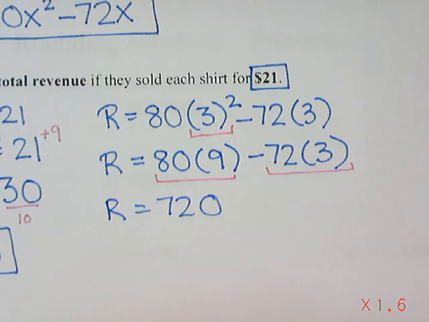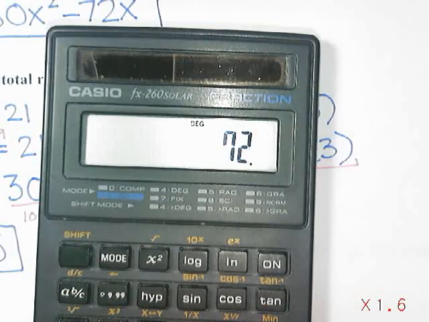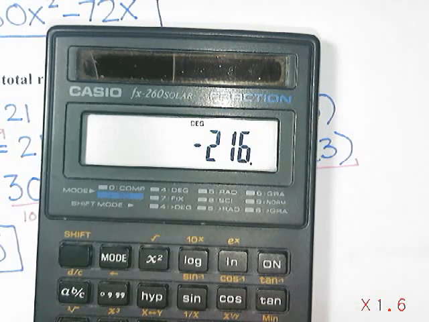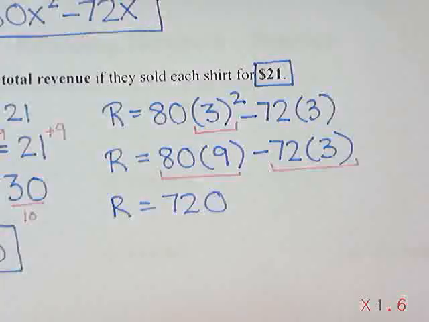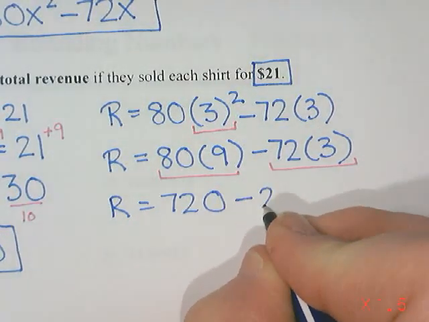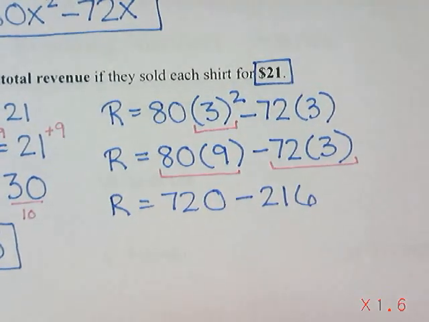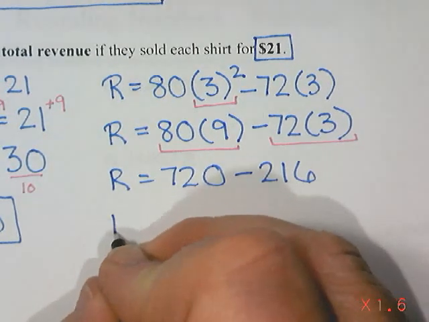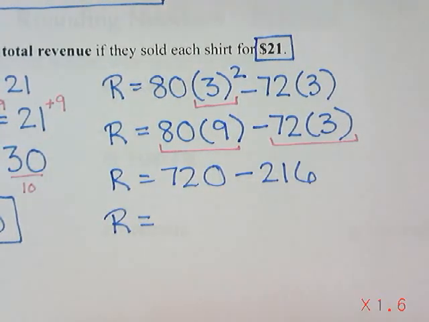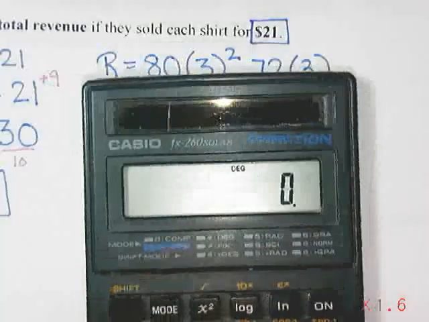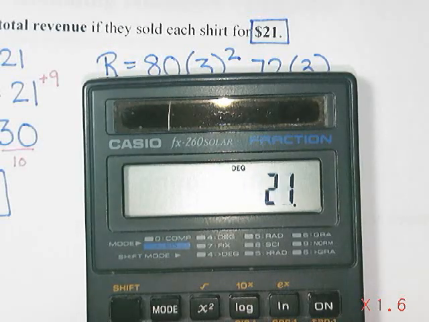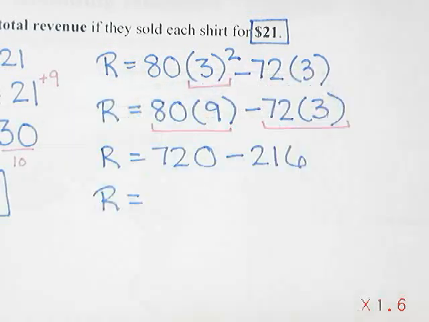And then I'm going to try negative 72 times 3, which is negative 216. So we are subtracting 216. And then all I need to do is 720 take away 216. And I get 504.